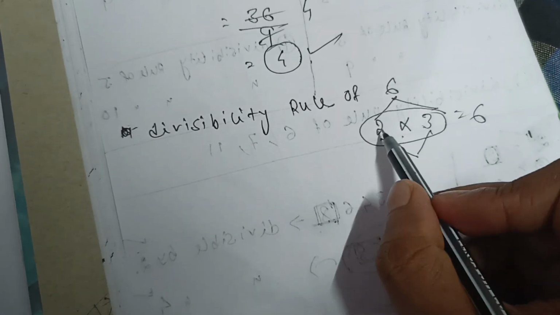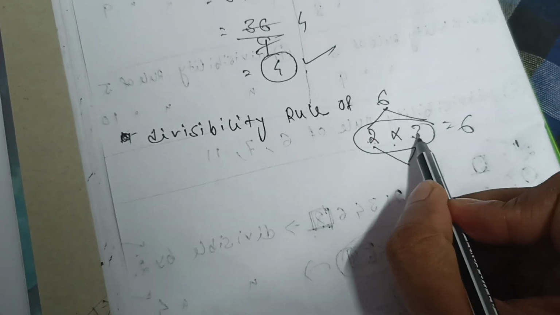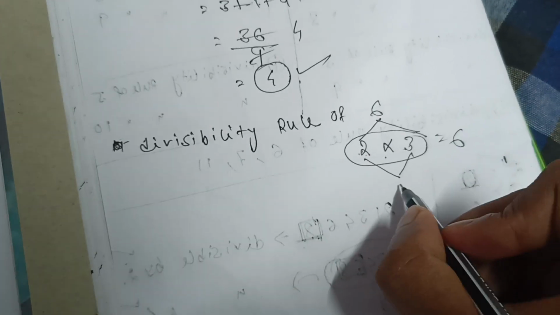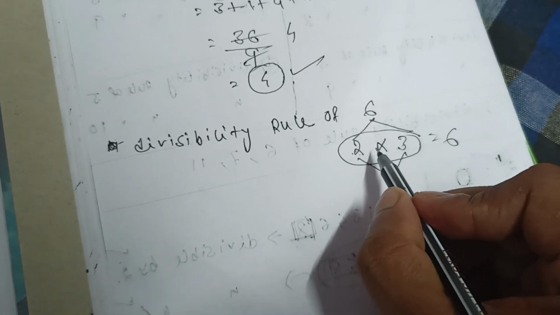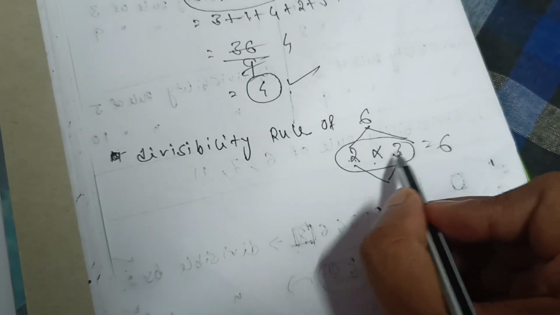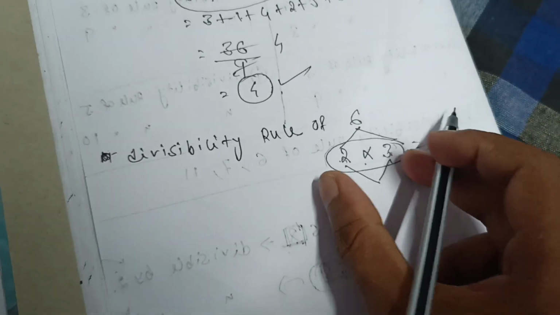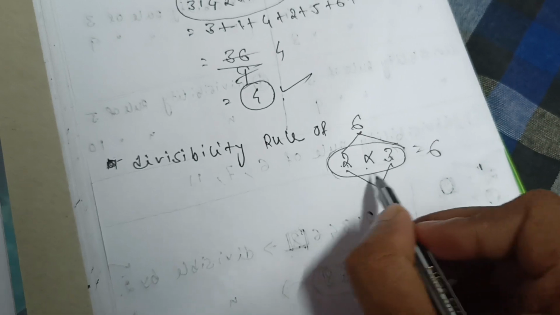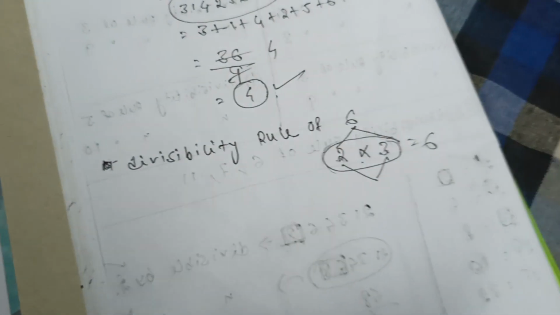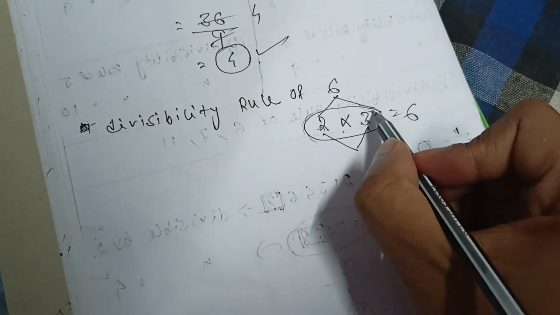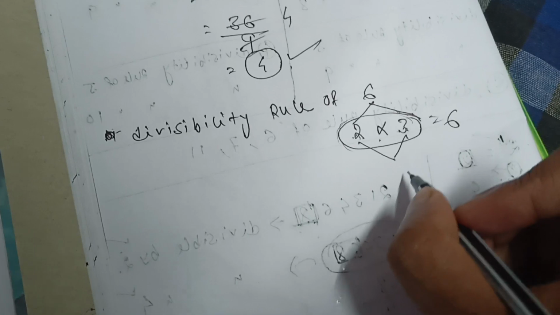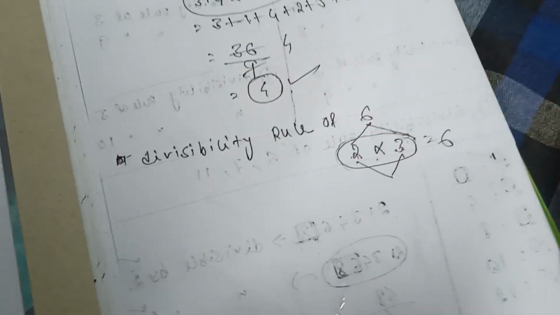What are co-prime numbers? If any two numbers have an HCF of 1, then they are called co-prime numbers. So 2 and 3 have no common factor. That's why the HCF of 2 and 3 is 1, so these are co-prime numbers. The HCF of co-prime numbers is always 1.